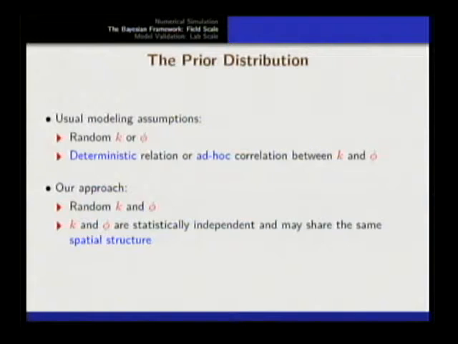In the lab scale, we assume that they have the same correlation structure, however, they are statistically independent fields. If there is a correlation between permeability and porosity, it's something that the framework should give us. This is not something that we wish to impose, because, as far as I know, there is no universal physical law that would relate them. The relation is rock dependent.